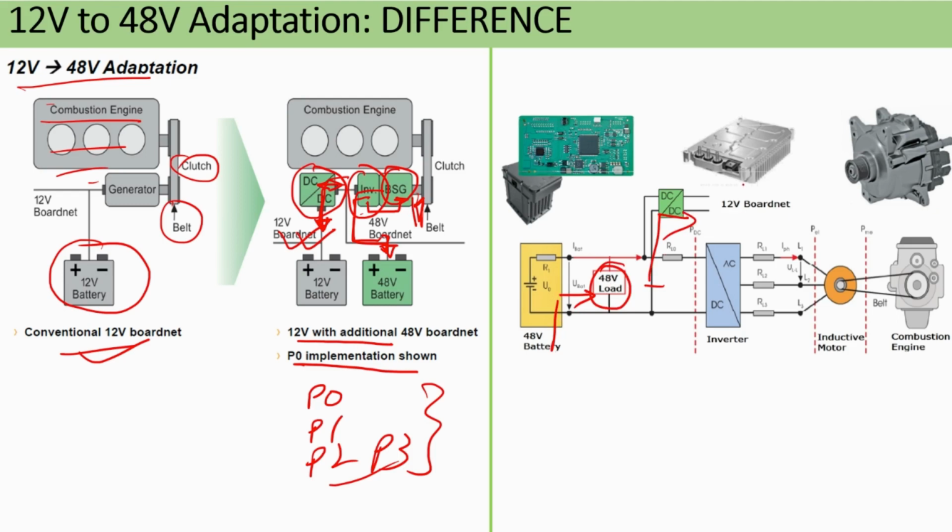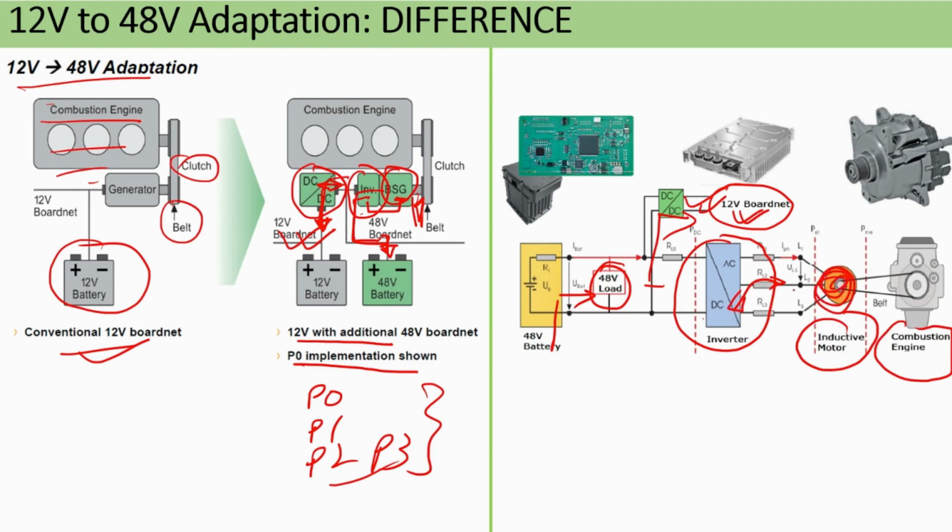You have the DC-DC converter for the 12 volt battery so that you can charge it and supply the loads. Then you have the DC to AC inverter, and this is the induction motor. This is your combustion engine. You have to run the motor also, right? If you don't give this DC to AC inverter, then your motor cannot run.